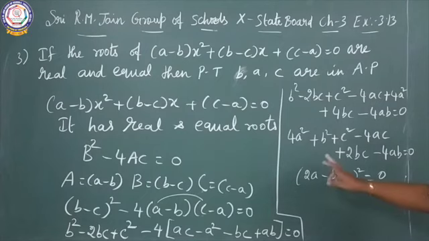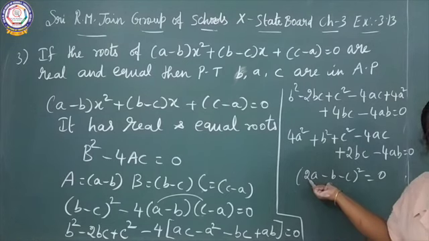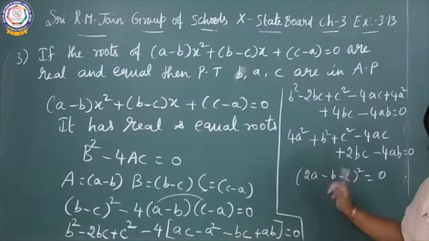See here, 2a means 4a square, minus b the whole square means plus b square, minus c the whole square means plus c square. Then you multiply these two and multiply by 2. See, plus into minus, minus 2ab into 2, so minus 4ab, it is there, okay.